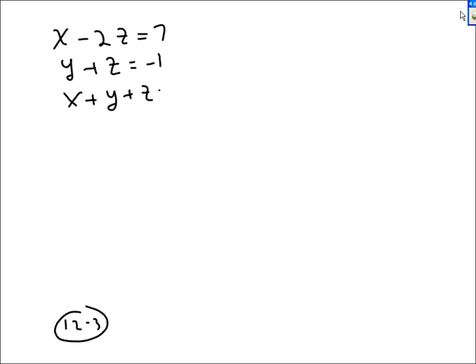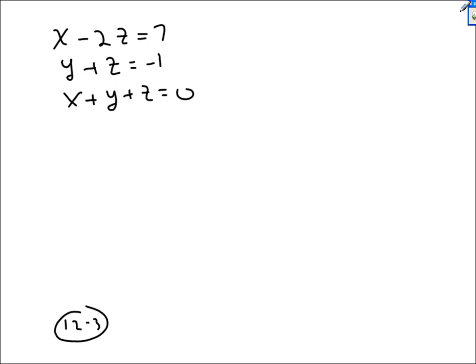That's my answer. X minus 2z is 7. Y plus z is negative 1. And x plus y plus z is 0.